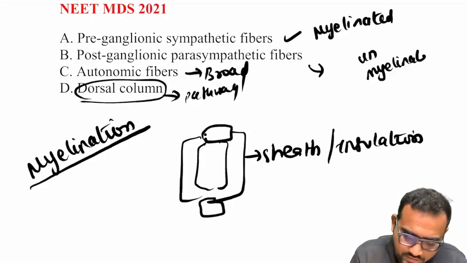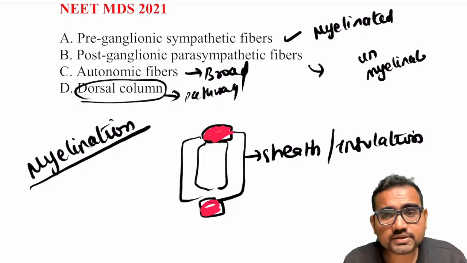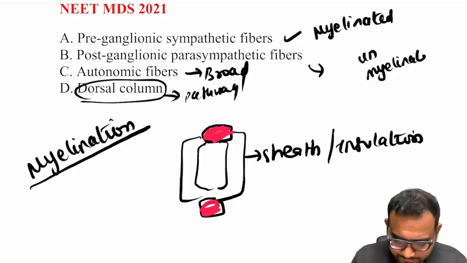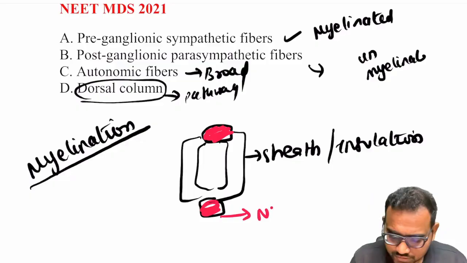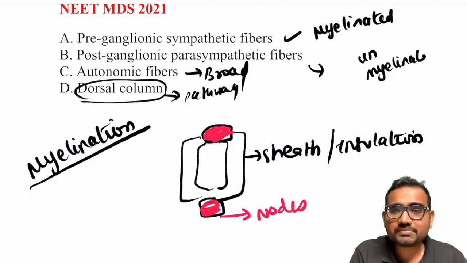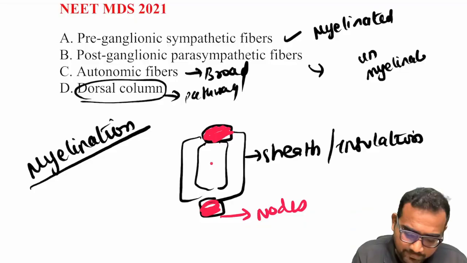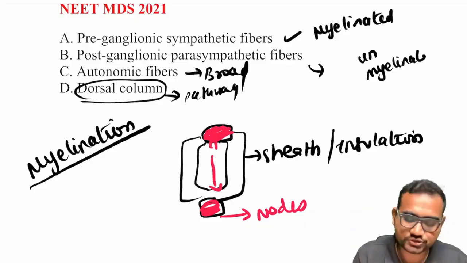So imagine this is a node. As we all know, myelinated nerves will have nodes of Ranvier. Because of the presence of the myelin sheath, it acts as an insulation material. The ions are not going to stay there, they get pushed to the nodes.